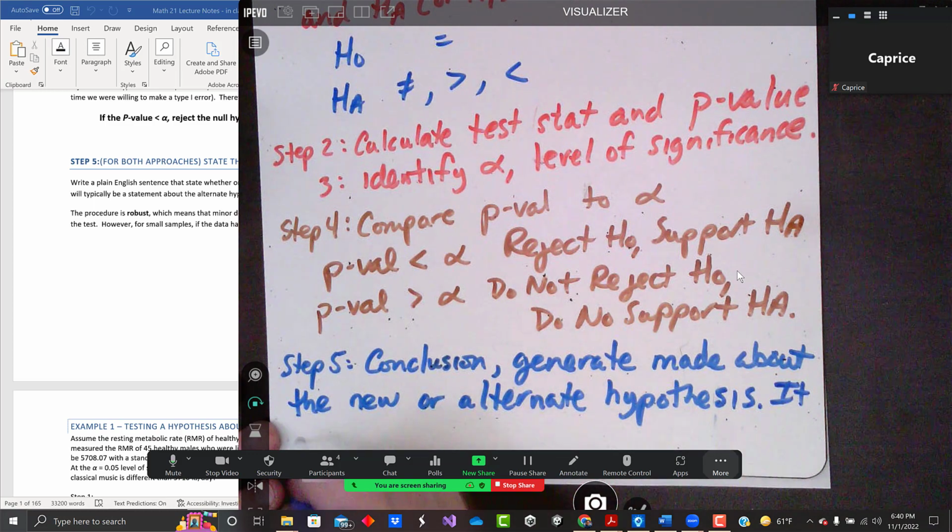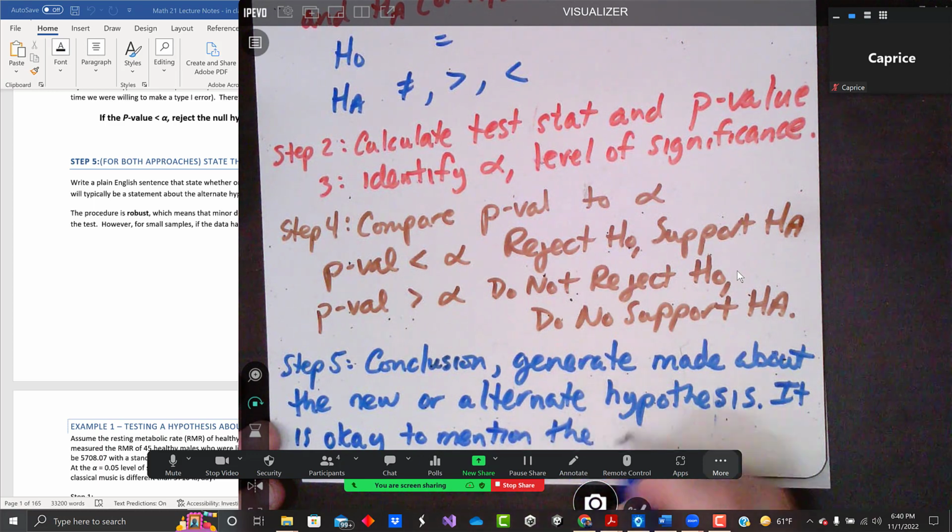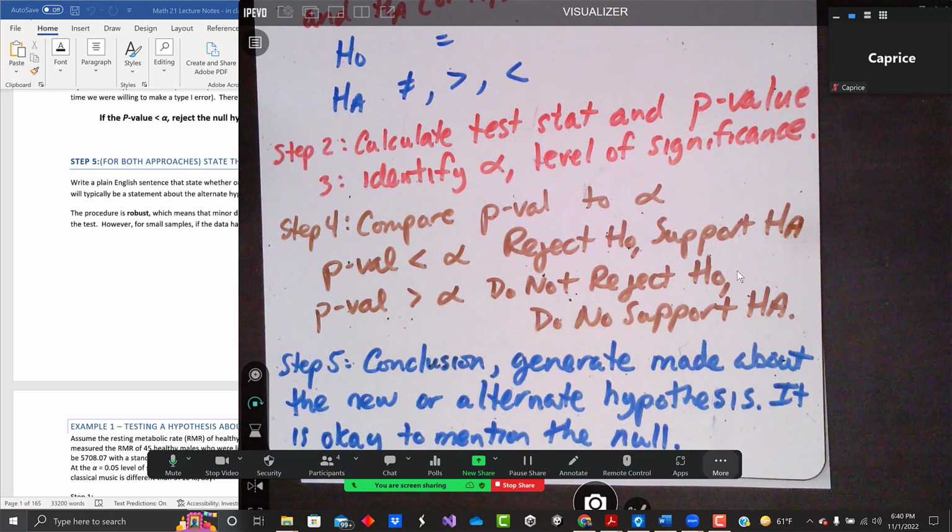It's okay to mention the null. But you really want to say whether or not you're supporting the new idea.